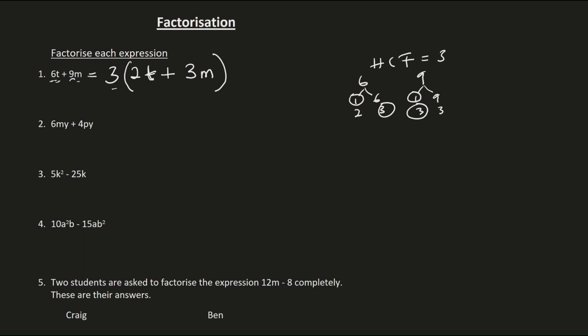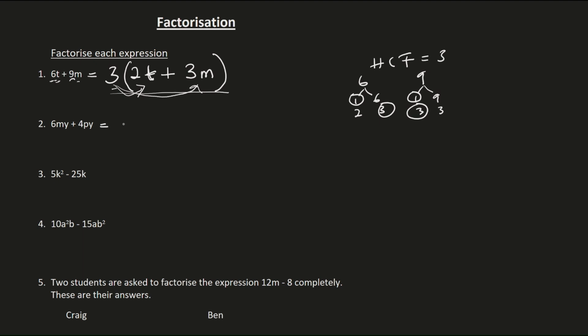Now, you can also check if your answer is correct by expanding out this bracket. So you have 3 times 2t, that gives you 6t, and 3 times 3m, that gives you 9m.